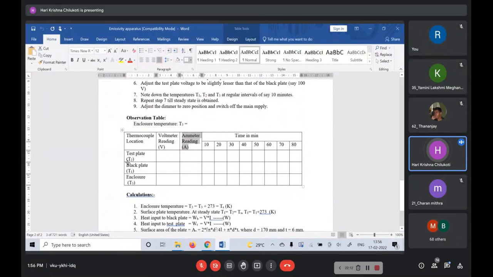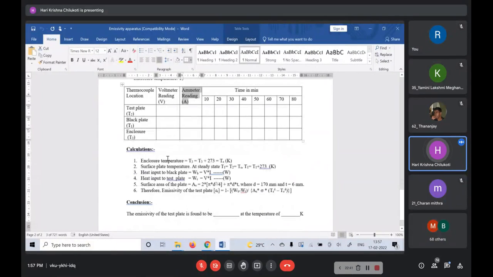We'll note down the surface temperature of the test plate as well as the surface temperature of the reference plate or the black plate, and also the enclosure surface temperature. These are the three temperatures that we note down at two different power inputs to the heater in the test plate as well as the heater in the reference plate.